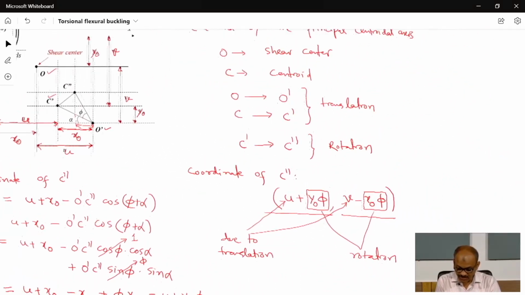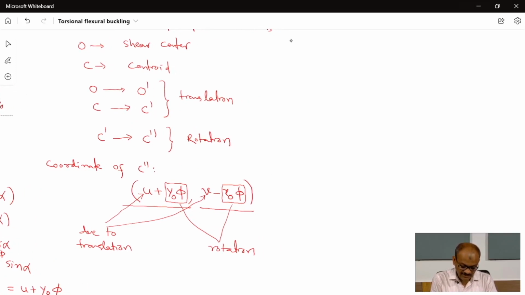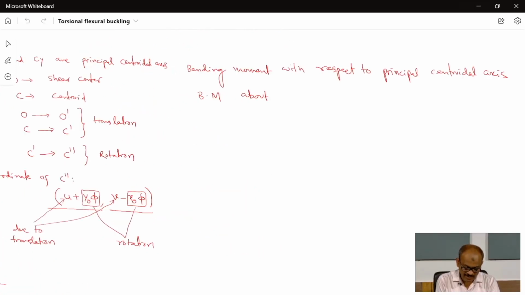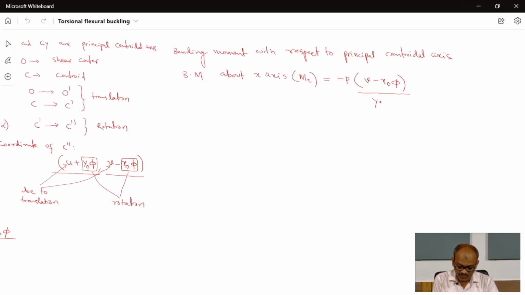Hence, we can write the bending moment with respect to the principal centroidal axes as follows. Bending moment about the x axis, Mx, is minus P into V minus X naught phi, which is the y coordinate.